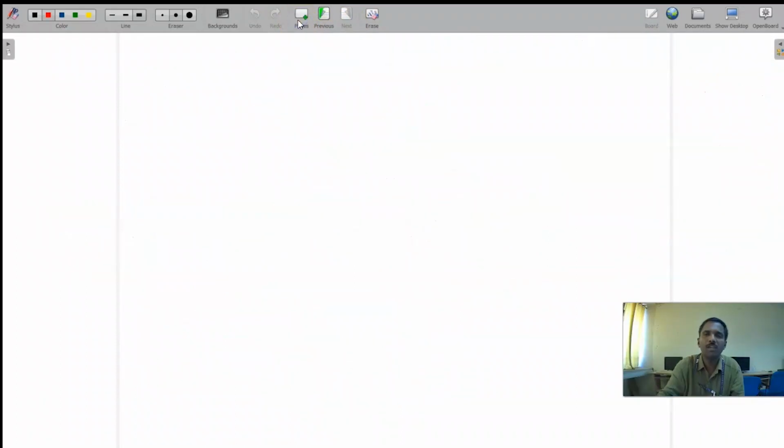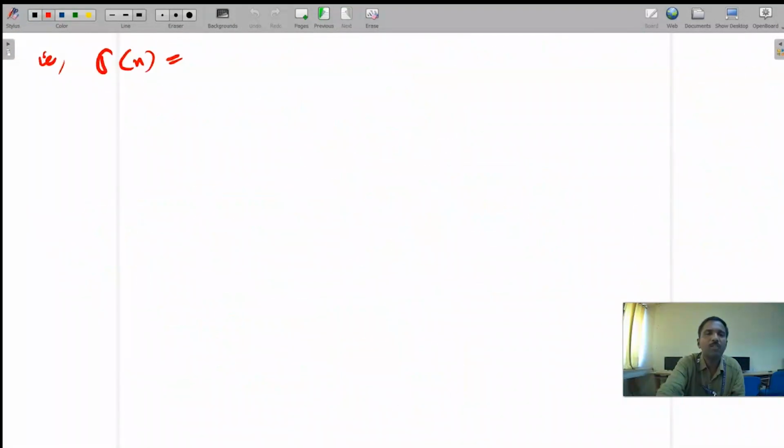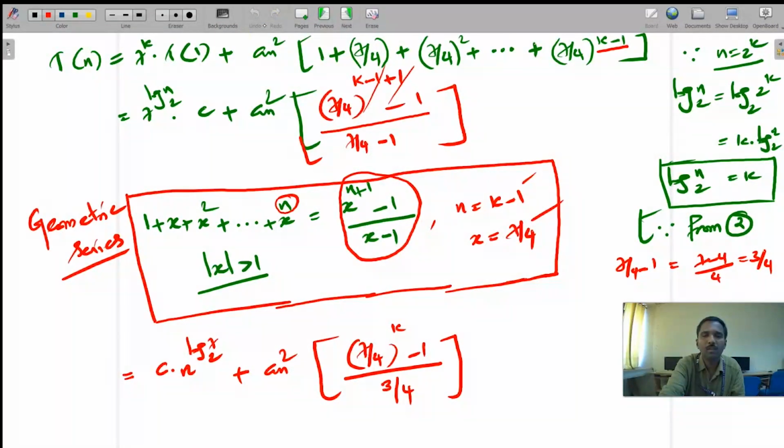Left hand side is T of n, that is T of n is equal to c into n power log 7 base 2 plus 3 by 4, right? When 3 by 4 goes to the numerator, it becomes 4 by 3 multiplied with a n square.